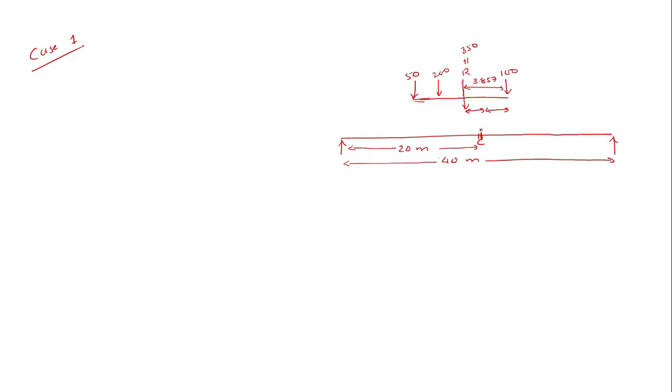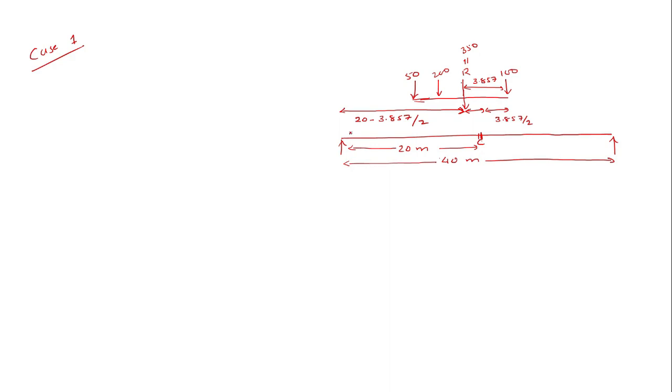So the distance between the resultant R and C, and 100 and C, will be 3.857 divided by 2. Now when this is the resultant R here, this distance will be equal to 20 minus 3.857 divided by 2.